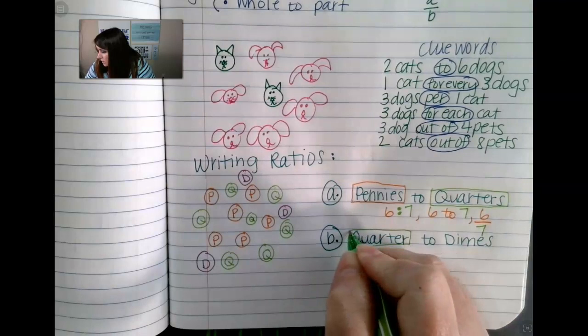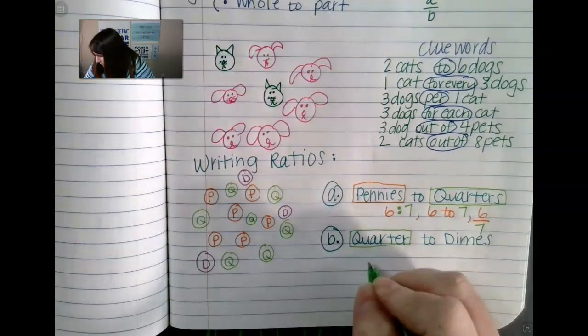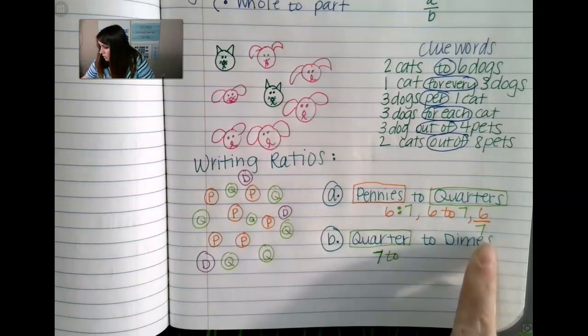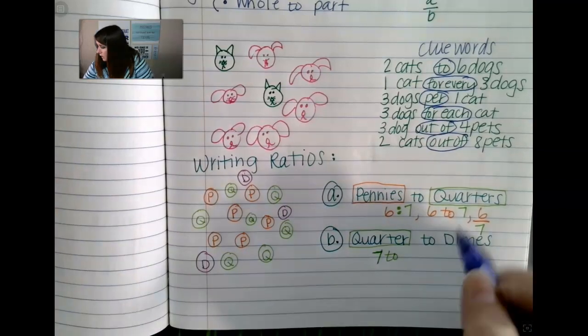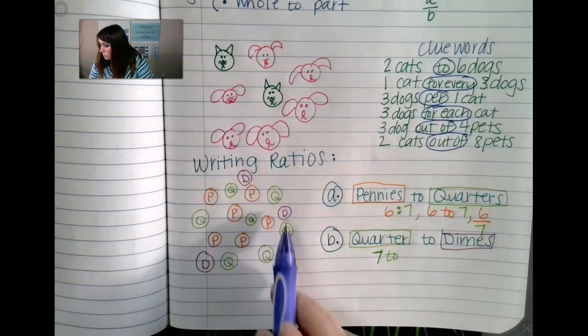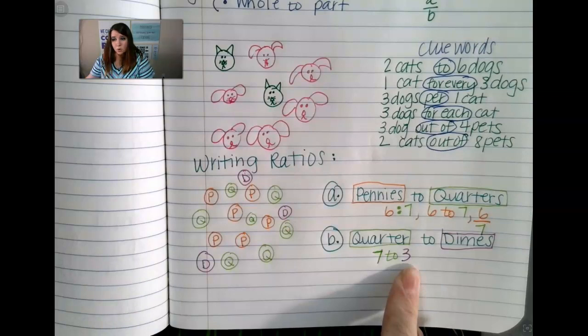Count up those quarters again. We know that there's 3, 4, 5, 6, 7. So quarters first, and we're looking for quarters to dimes. Dimes were purple, so I'm going to count up those dimes. 1, 2, 3 dimes. This ratio right here shows quarters to dimes.